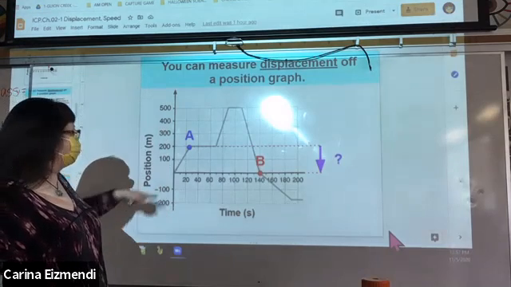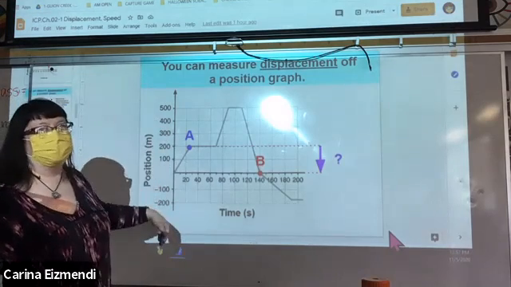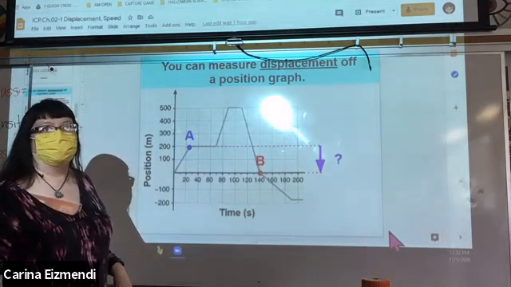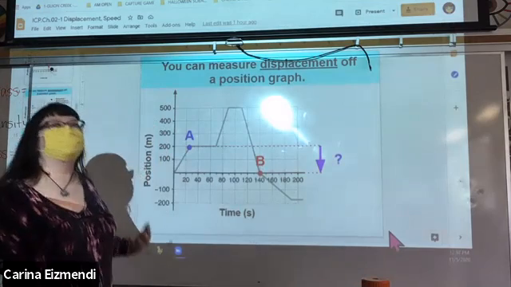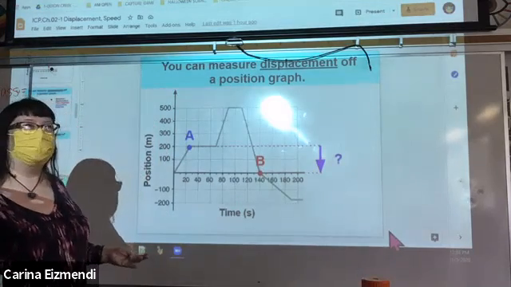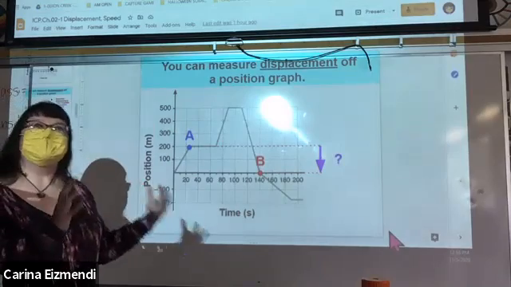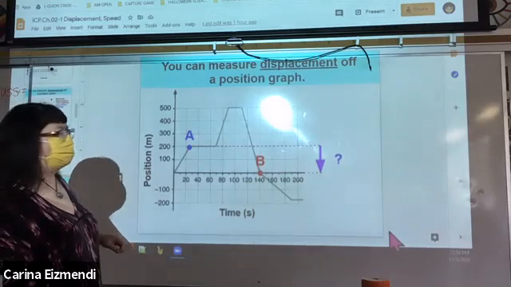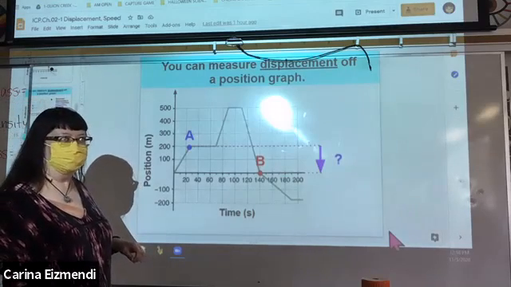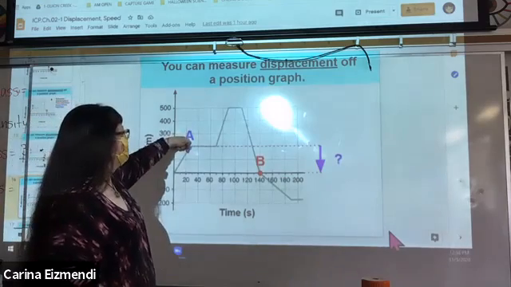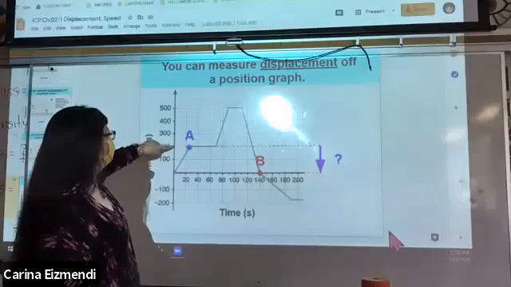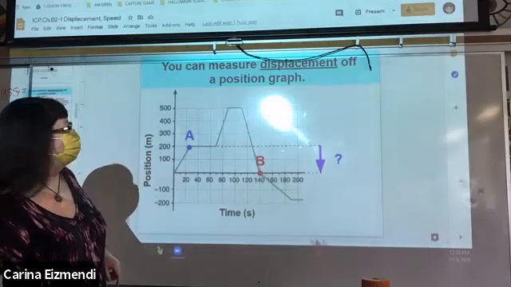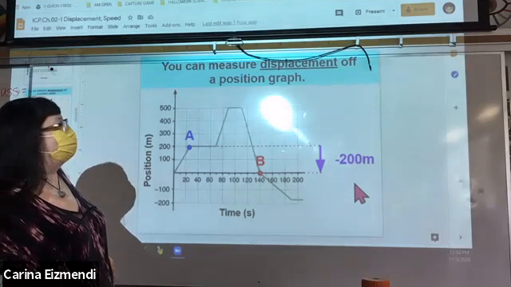Since it's negative on here, if it were north-south, I'd say 200 negative. Negative 200 is the displacement because it's a vector. Remember how we talked about vectors being things that have size and direction? So displacement is like that because it moved from here to here. So that's negative 200.